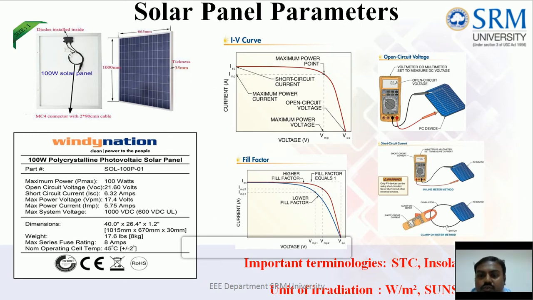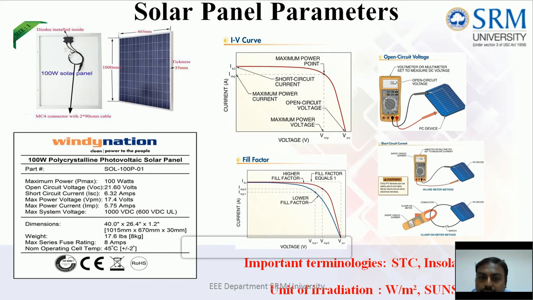Also you can see there is a rectangular portion represented in dotted line, which gives you another two values on the y-axis and x-axis. One is called VMP, another is called IMP. ISC is at the top, IMP is slightly lesser than ISC. Likewise, VOC is the right extreme, where VMP is slightly to the left of VOC.